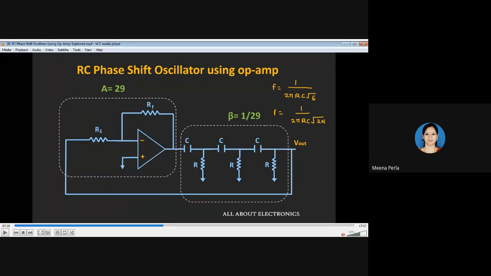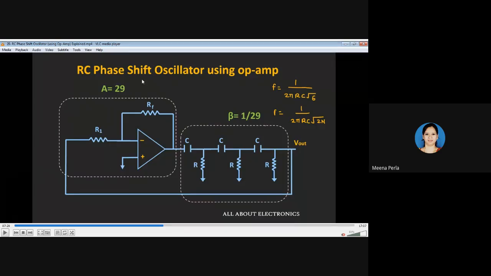We use three RC networks, each giving a phase shift of 60 degrees, so the total feedback network phase is 180 degrees. At the output, we get 0 degree or 360-degree phase shift.